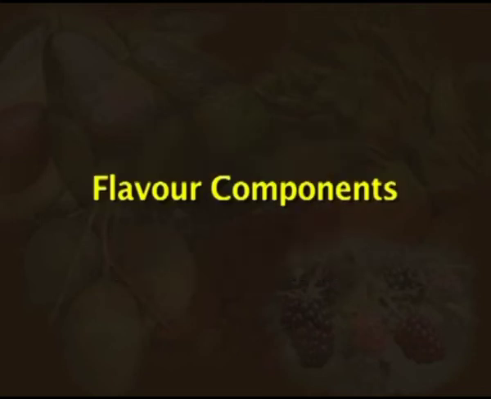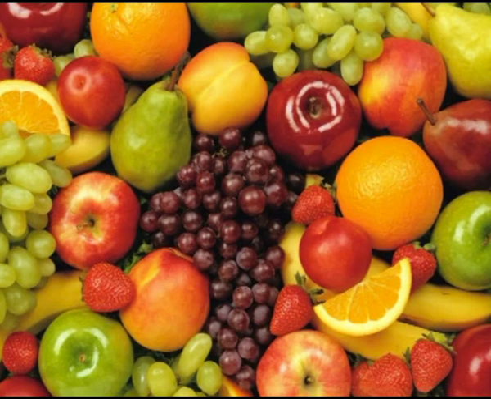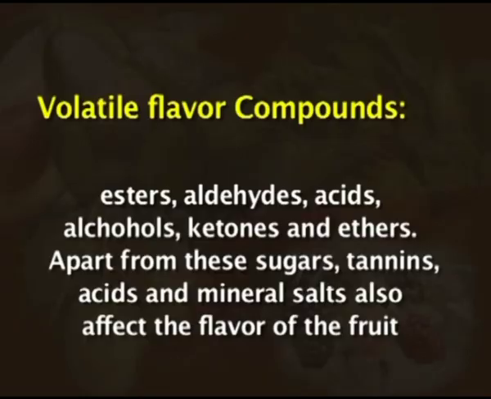Now the flavor components. Now we all love to eat fruits, not just because of the color etc., but also because each fruit has a distinct flavor. Now the flavor that you find associated with each fruit is a complex of several components, made up of volatile flavor compounds, which include esters, aldehydes, acids, alcohols, ketones and ethers.